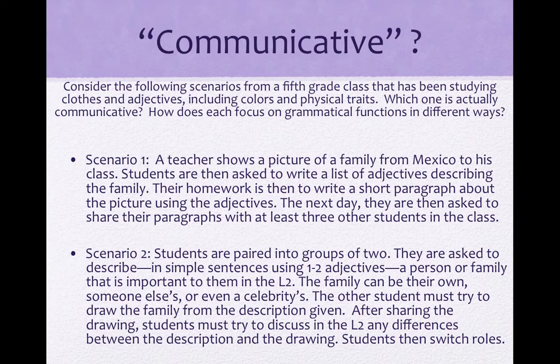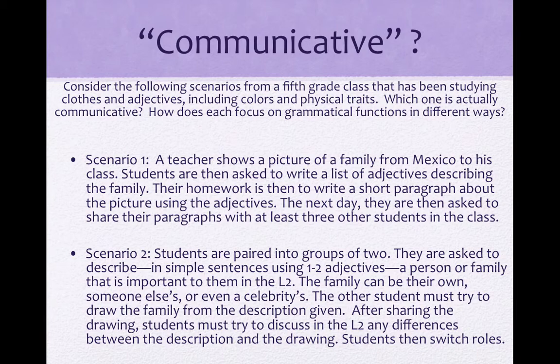Even if their language is broken, they don't have all of the language to do it, they're asked to use the L2 to complete a task together. So we call this task building activities, where they have information gaps, and so they're having to use the language together.